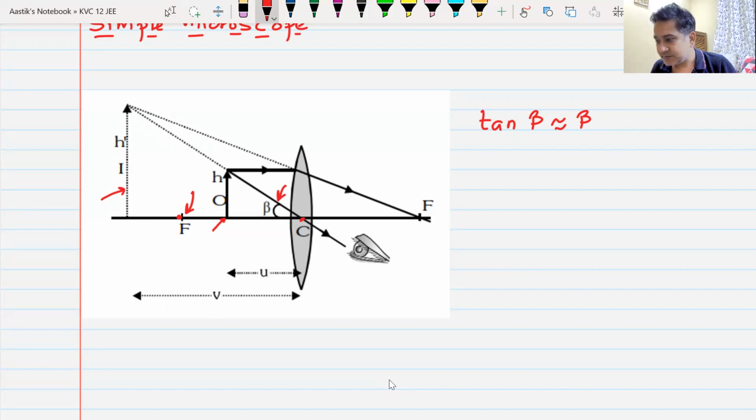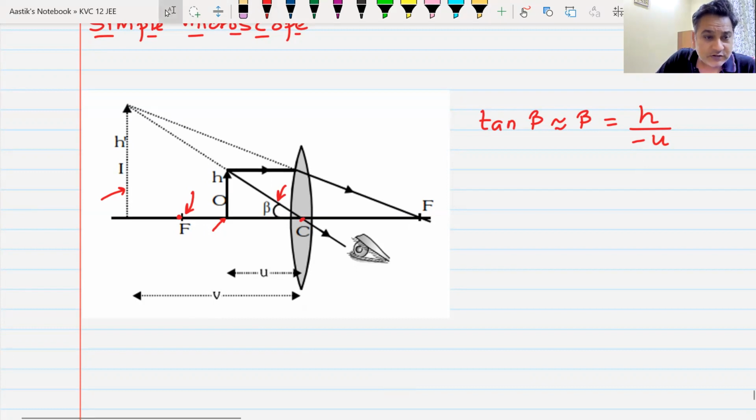And you can see this beta or tan beta can be written as h by minus u. Why am I writing minus u? Because I'm taking sign convention into consideration. So this is the angle beta which the object subtends at the instrument. So remember, this angle beta is the angle subtended by the object at the instrument. Do we see this?